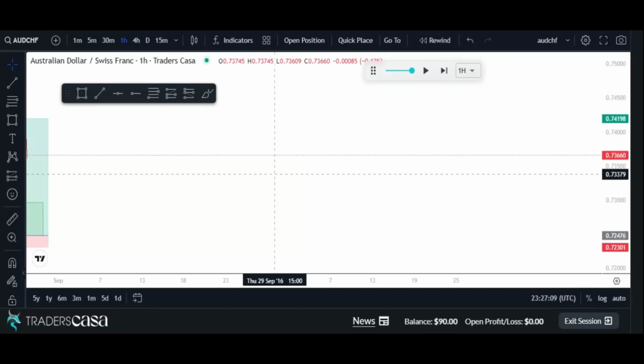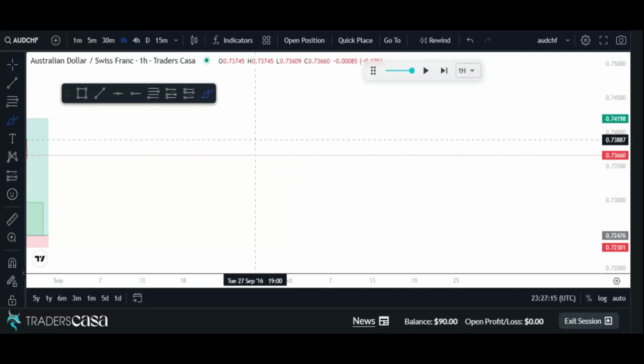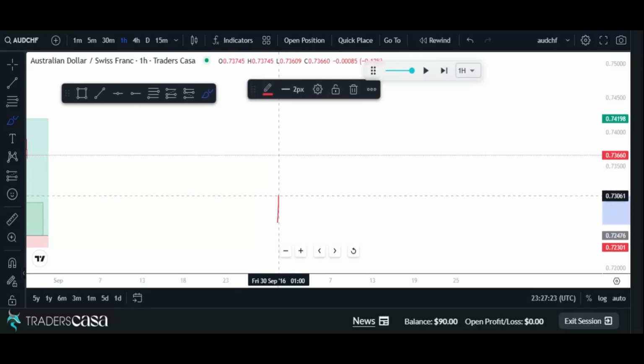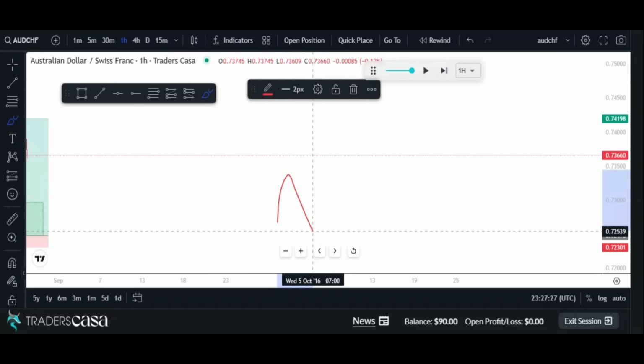All right. So now, when you come to the chart, most of you do identify a price run, like when price performs something like this.